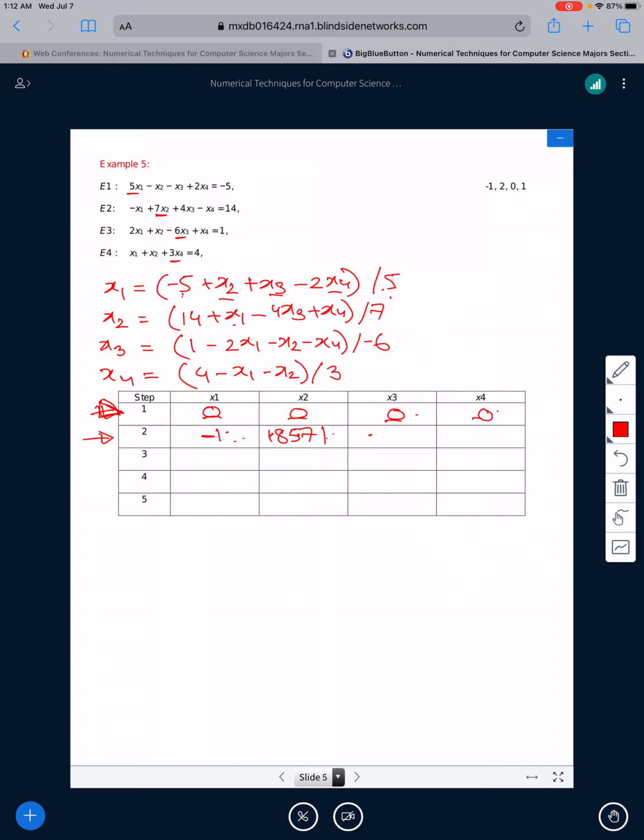So 1 minus 2 times x1, so that will be 1 plus 2 actually. 1 plus 2 minus x2, 1.8571, and then x4 will be 0 and divide by negative 6.